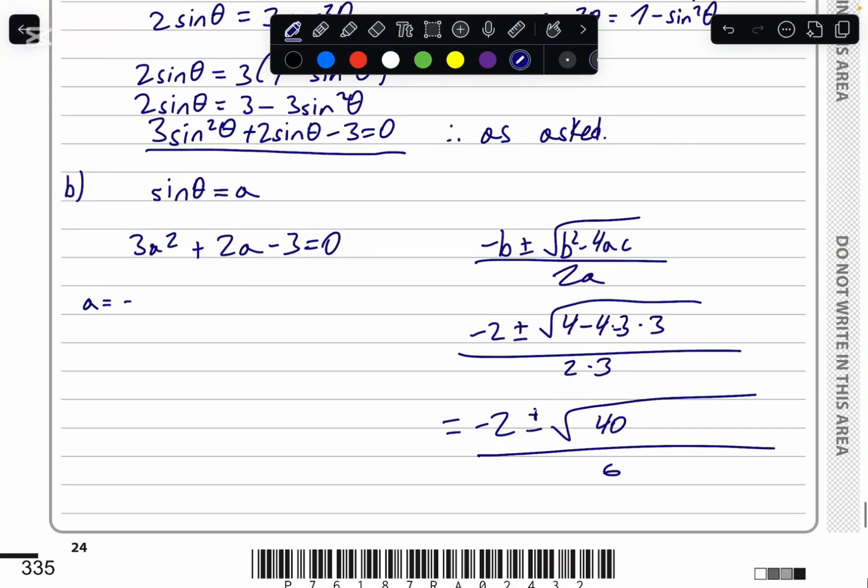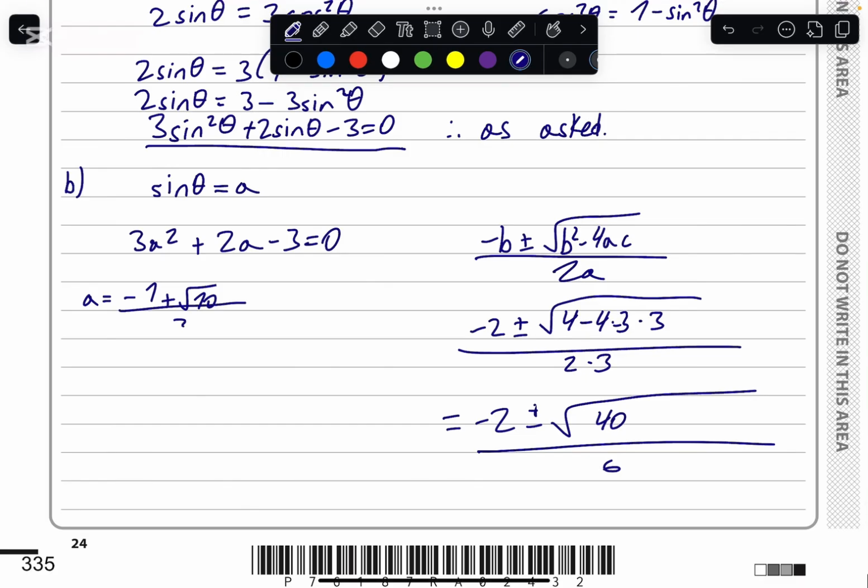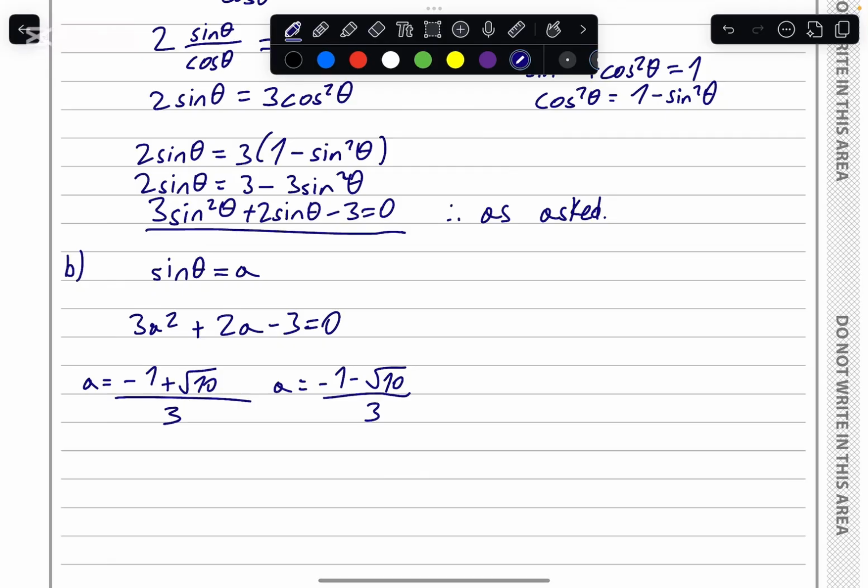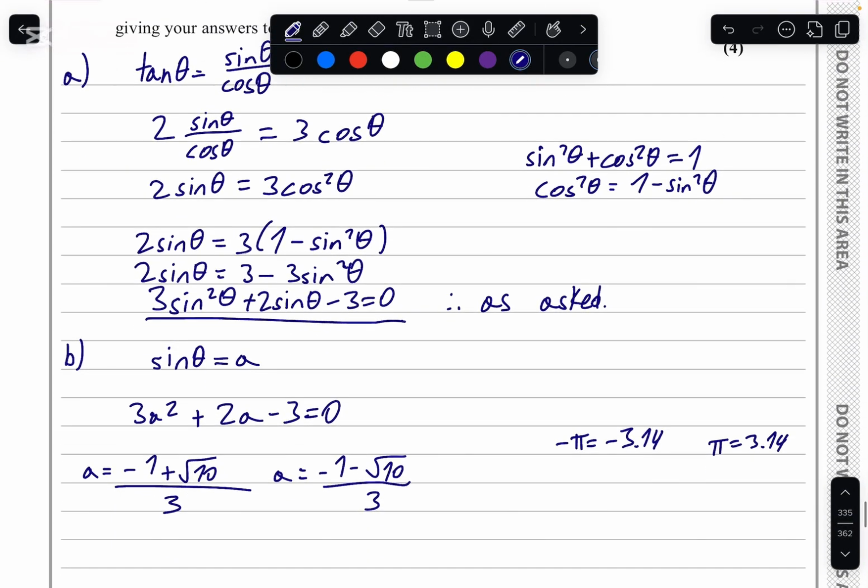So a is equal to minus 1 plus root 10 over 3. And a is equal to minus 1 minus root 10 over 3. First of all, it's a good idea to write down the value of minus pi and pi in order to have values to compare with when we get the x values that we need.